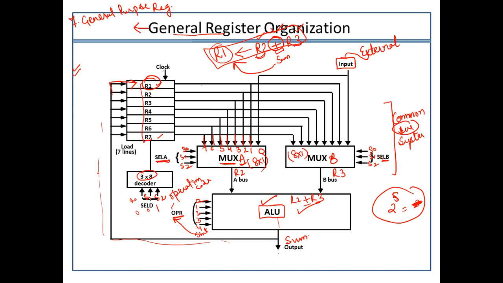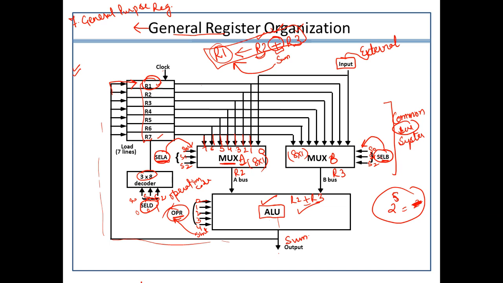I hope you have understood the general idea of how this diagram will work. But again, the idea here is that we need to focus upon the select line A of the multiplexer, the selection line B of the multiplexer, the OPR bits in the ALU, and the select D line within the decoder, right? So let's proceed to see how exactly your machine will be able to perform this.